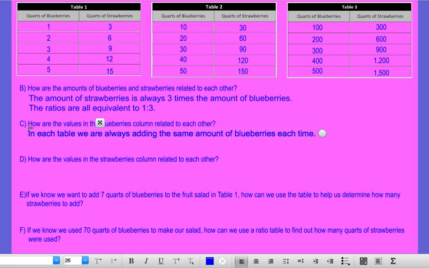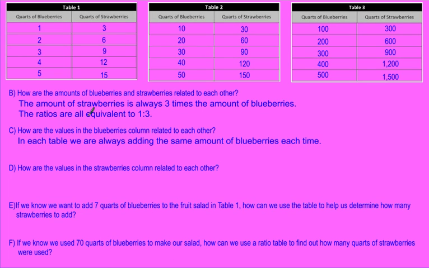Okay, you could also say that in a different way. You could say that each time, we add 1 in table 1 or in table 2, we always add 10. But in general, we can say that in each table, we're always adding the same amount of blueberries each time. So again, I'll write that out for you and show you that we are doing plus 1, plus 1, plus 1, plus 1.